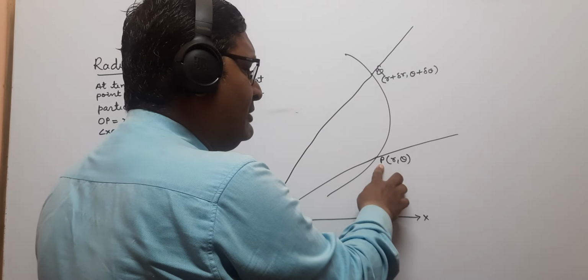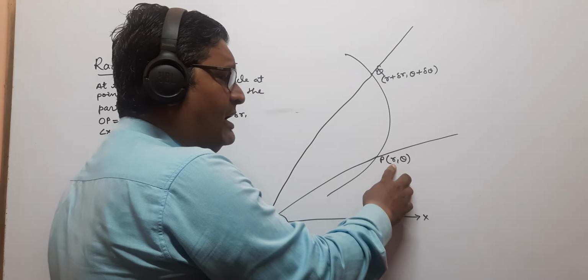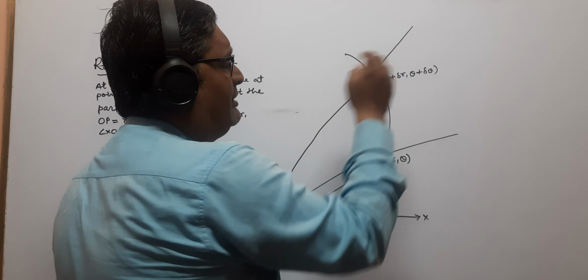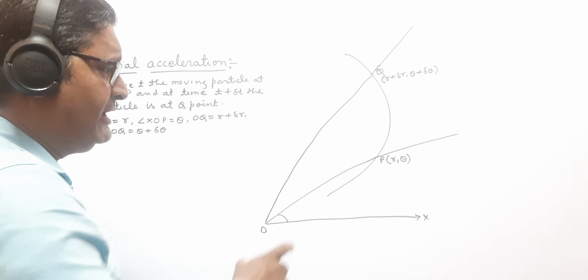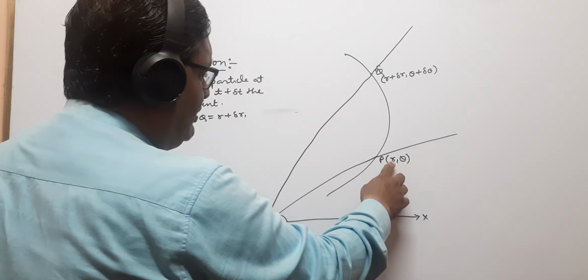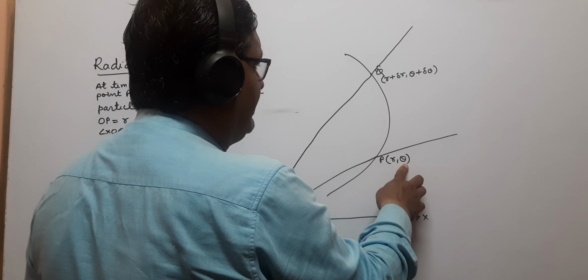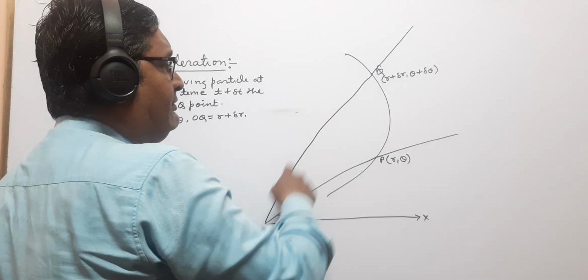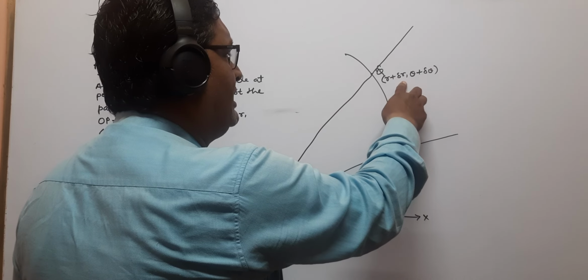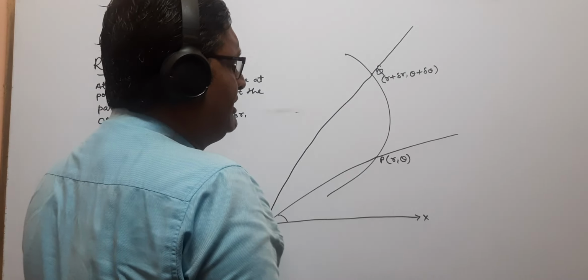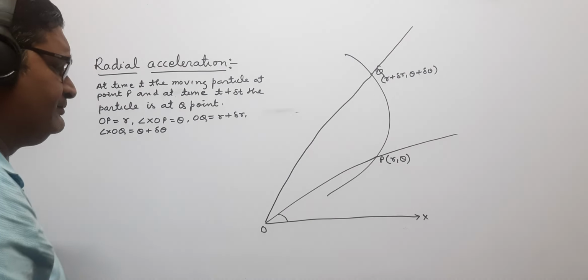The radius vector OP is equal to r, and angle XOP is theta. The radius vector OQ is r plus del r, and vectorial angle XOQ is theta plus del theta.